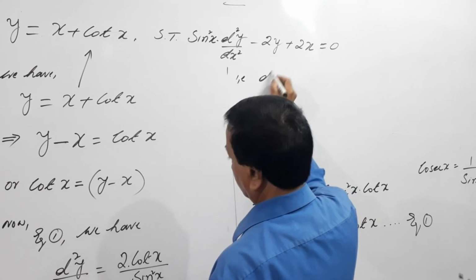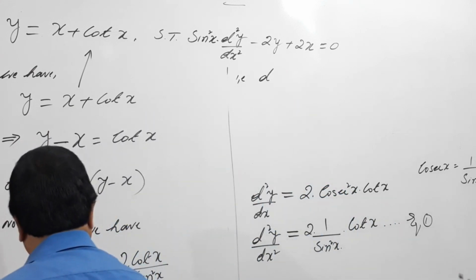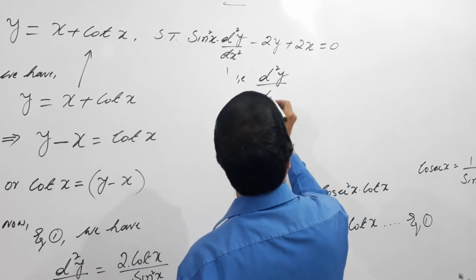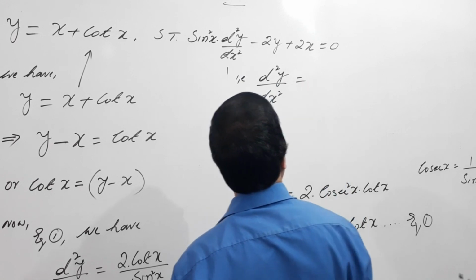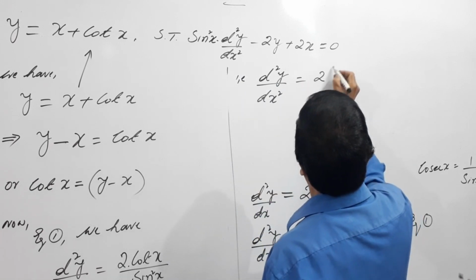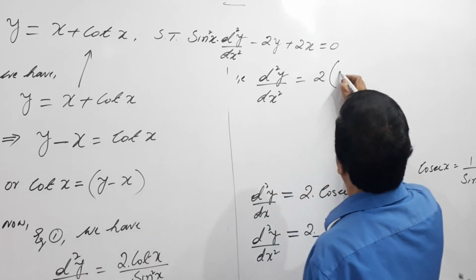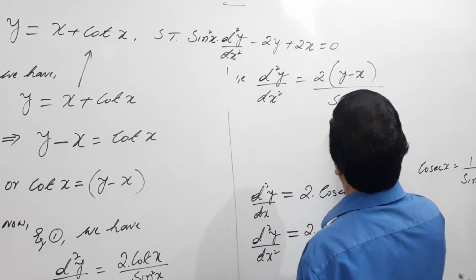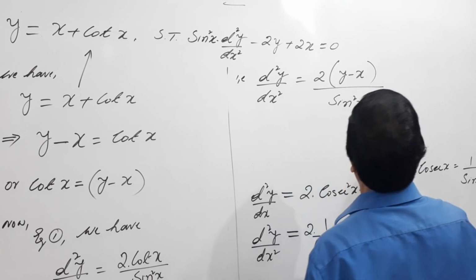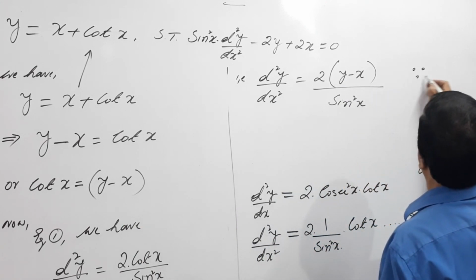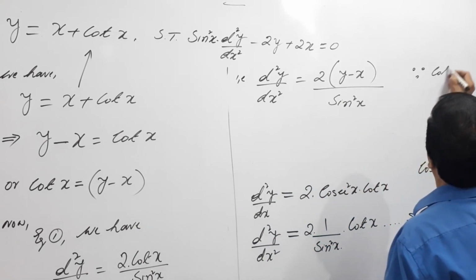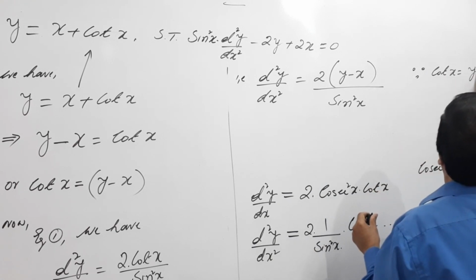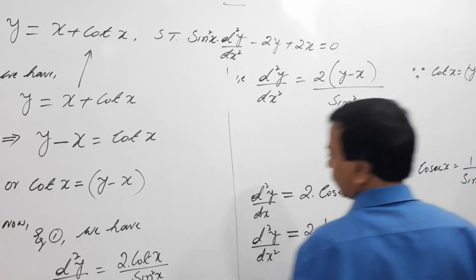That is, d square y by dx square equals 2 into, I substitute cot x, that is y minus x, by sin square x, since cot x equals y minus x.